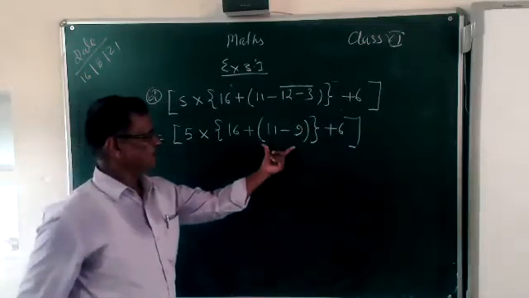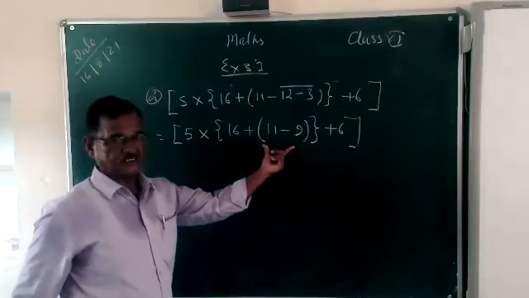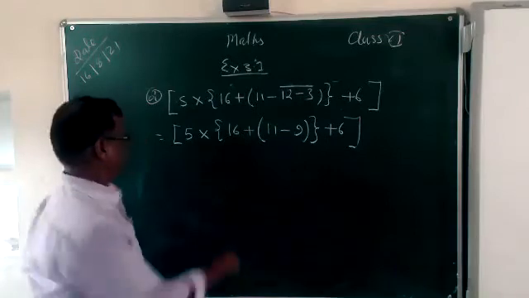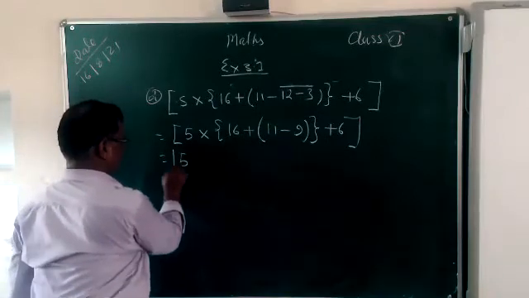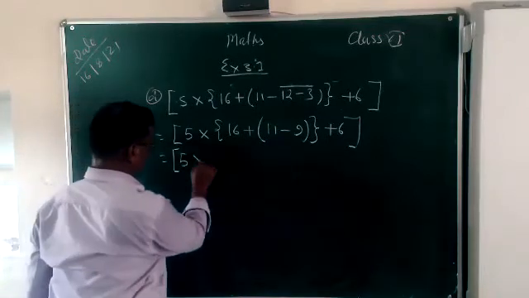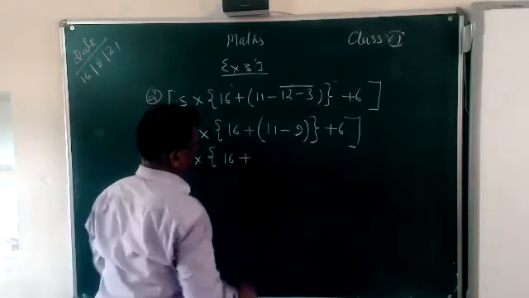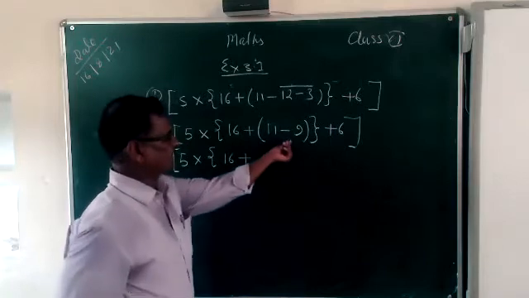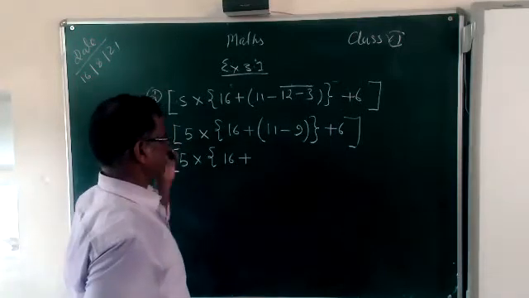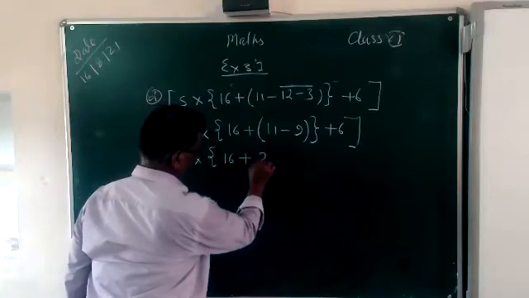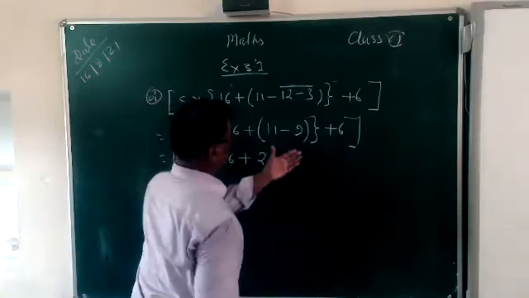Now you remove the common bracket or small bracket. You remove it. 5 in square bracket 5 into curly bracket 16 plus here is 11 minus 9. 11 minus 9 is 2. Then remove the common bracket.